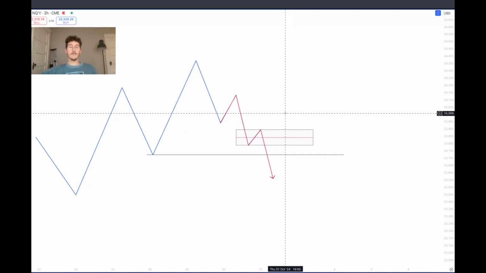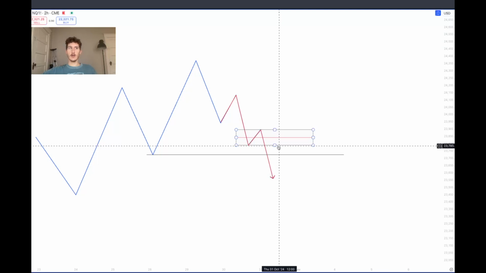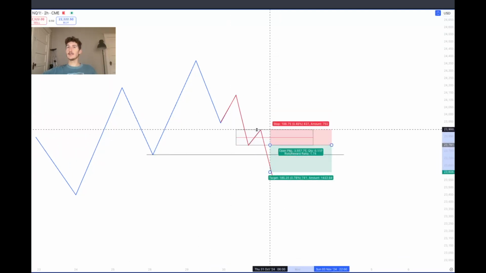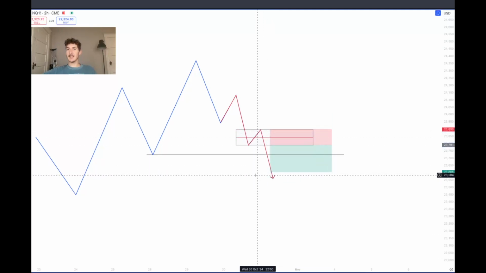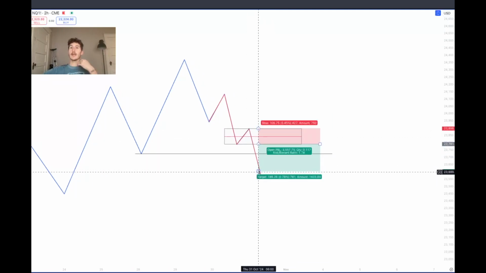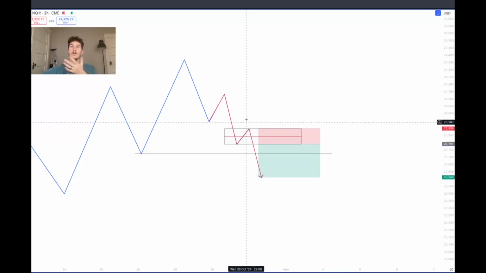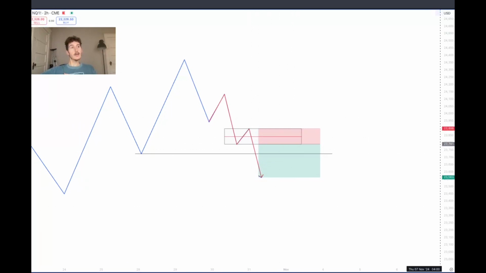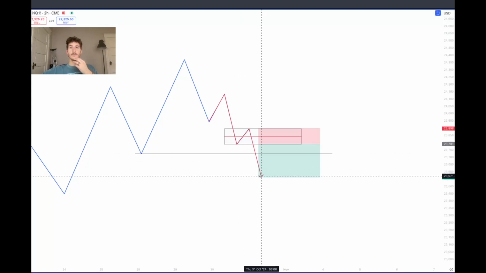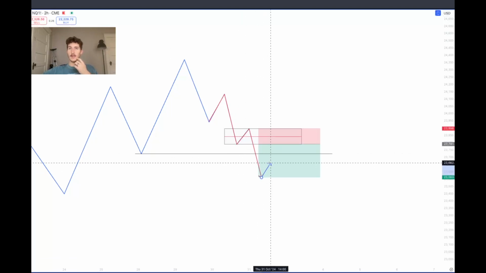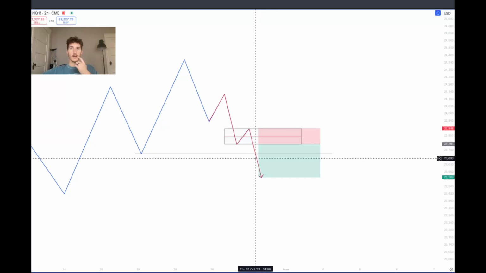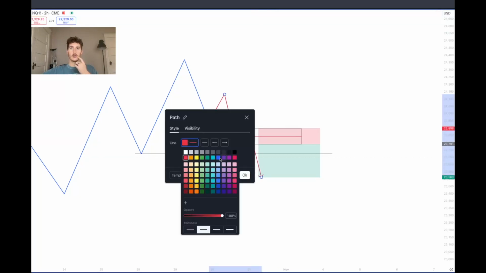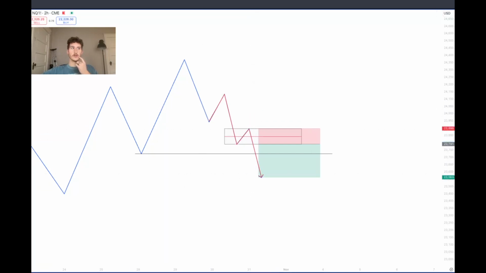Personally, I am using the touch of the SNDR for a continuation trade, so long as this lower time frame, in this instance the 1 minute, remains bearish. So if there's no extra swing here, I'm going to switch this back to red. Hang on, blue and then red, and then save. Hopefully that changes it.